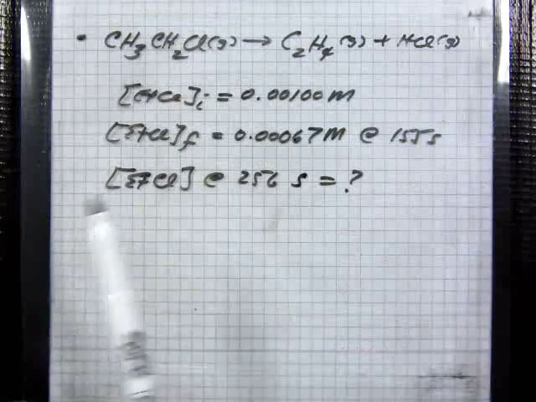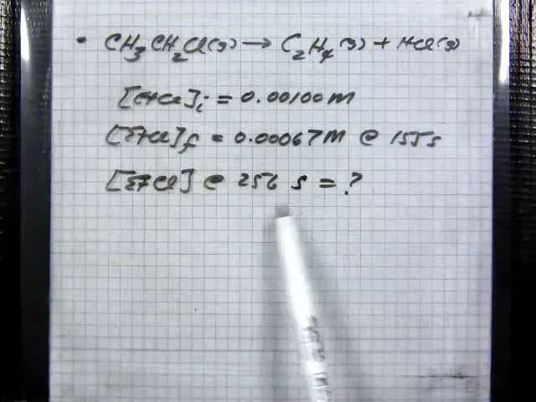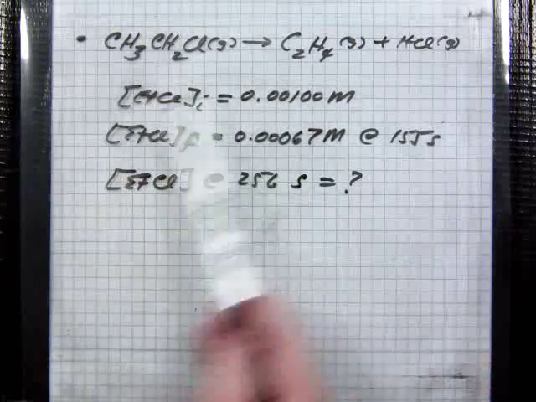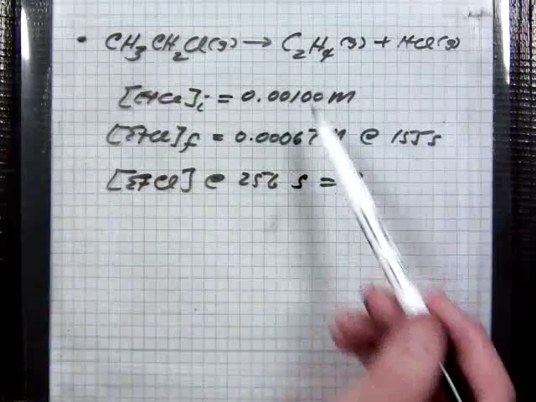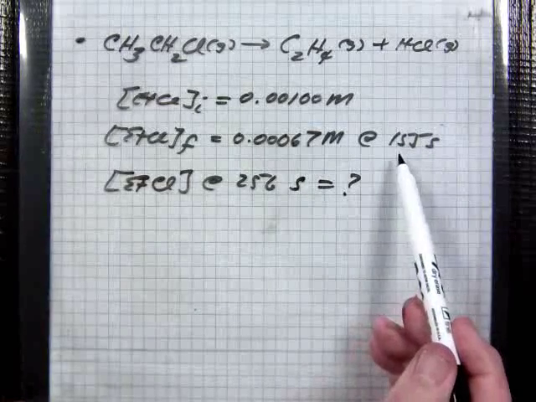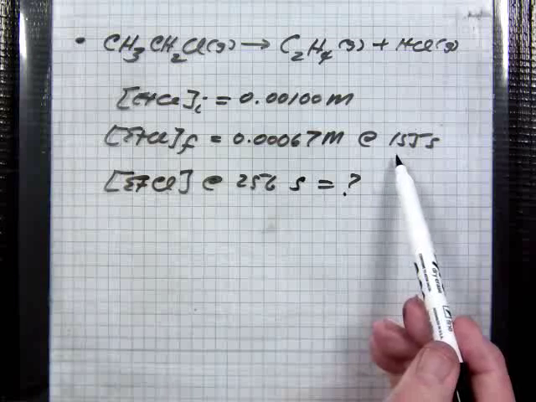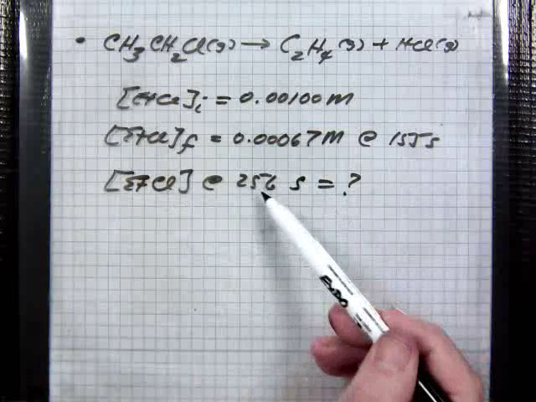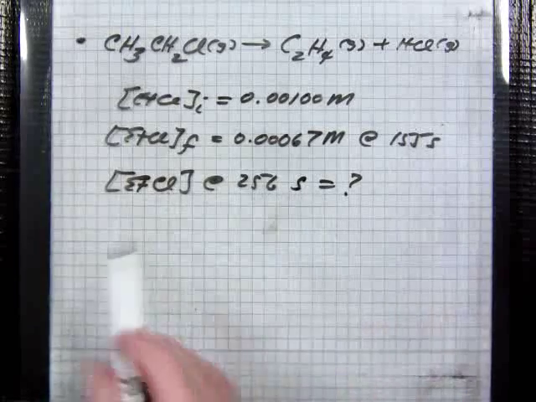So we need to find it at 256 seconds. Well, what this is giving you here is information on where it is at 155 seconds, and we can use that to get the K value, because you're going to need the K value to actually calculate the concentration at 256 seconds.